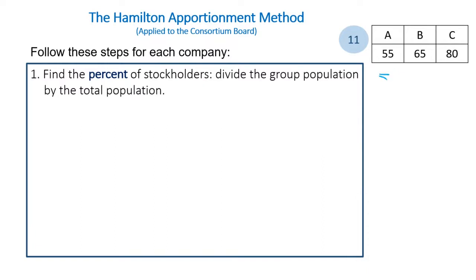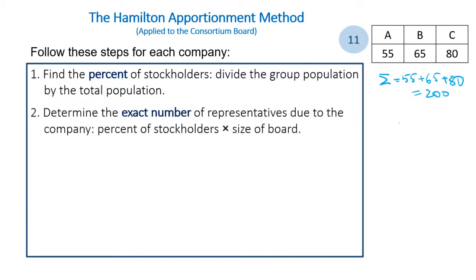So we find the total population. So 55 plus 65 plus 80, 200. And then for each group, we find the percentage, 55 over 200, 65 over 200, 80 over 200.